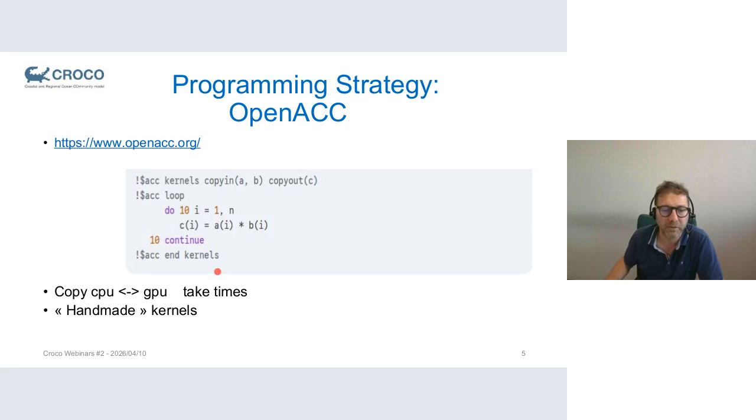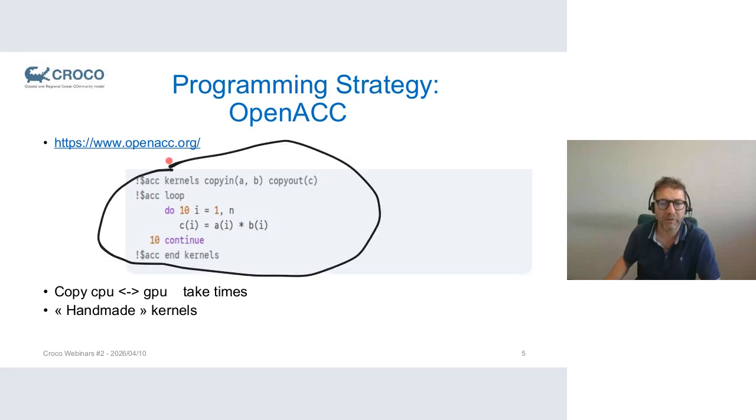Here is a simple example of OpenACC usage. The first thing we see is the kernels keyword. It's the principal keyword when we want to use OpenACC. We put a loop in a kernels region, and the compiler will compile for the GPU with very good performance.